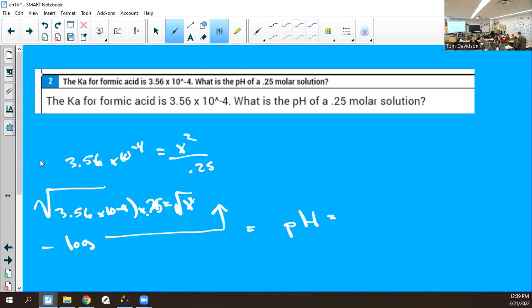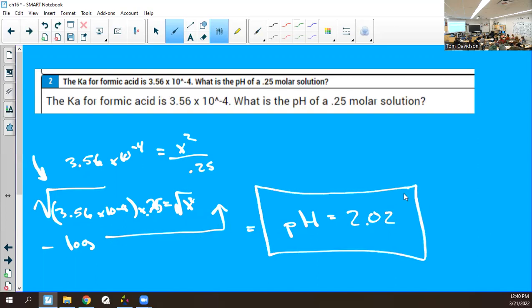And I took the square root. I'm very proud of this square root sign because I made this one after I was already over here. Okay, I take the square root of that, it gives me an answer, and then I took the negative log of it, and my pH is equal to 2.02. All right, sounds good. Good. I'm so proud of that square root.